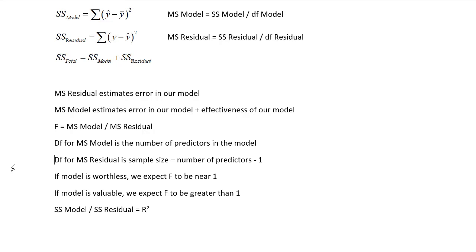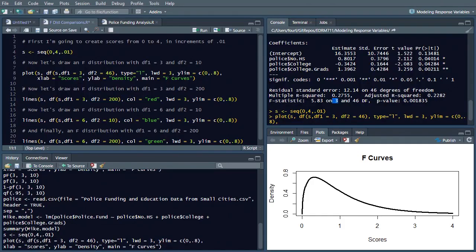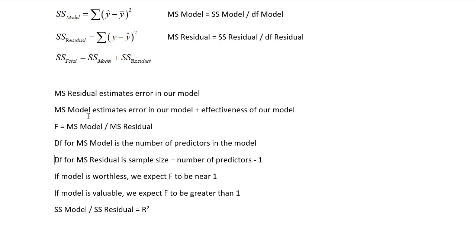Okay? Sample size minus number of predictors minus 1. Let's go back and look. Our sample size was 50. We have 3 predictors. 50 minus 3 is 47, minus 1 is 46. So that's how we get the degrees of freedom. That's called the denominator degrees of freedom because it's the degrees of freedom for mean square residual.